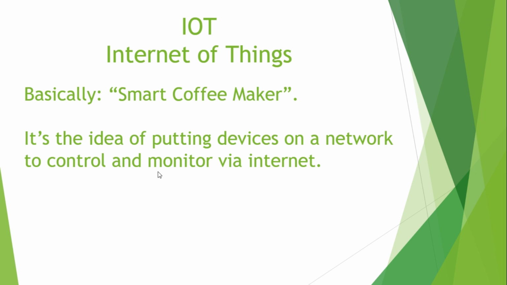Nonetheless, Internet of Things is basically taking the devices that we use in a daily manner and putting them on the network and being able to control them from the network. Once again, the idea of having centralized control. It's the idea of putting devices on the network to control and monitor via the internet.